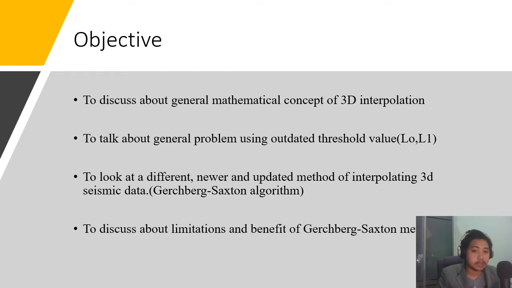And then the third one is to look at a different, newer and updated method of interpolating 3D seismic data, which in this case is the Gerchberg-Saxton algorithm. And the last one is to discuss the limitations and benefits of using the Gerchberg-Saxton method.